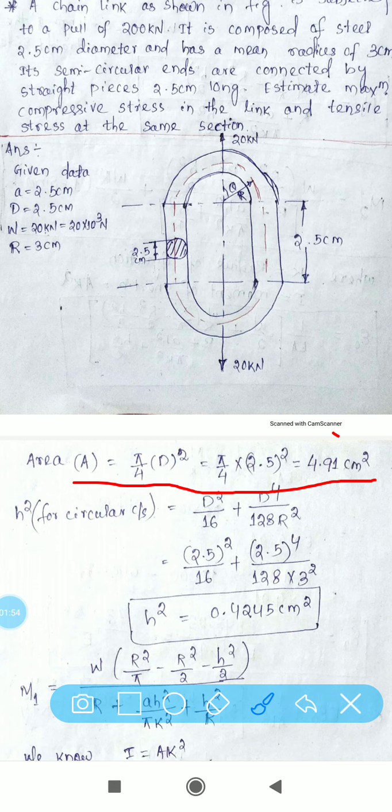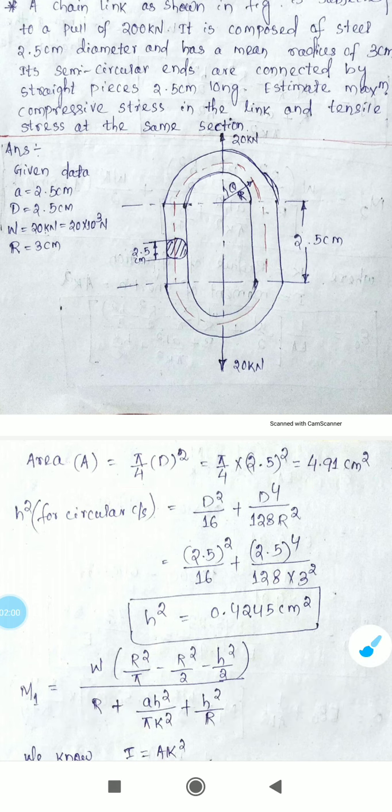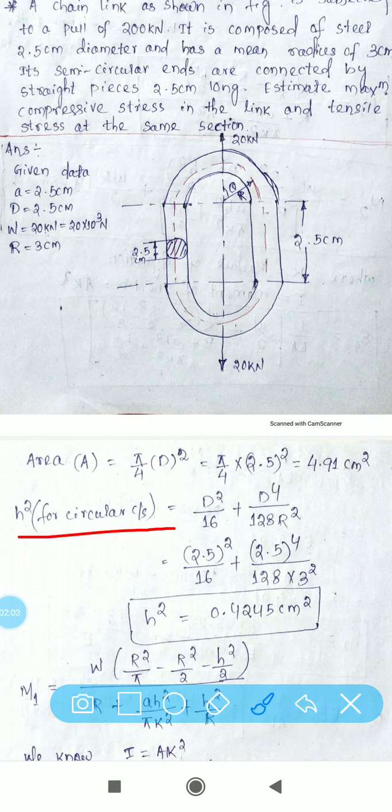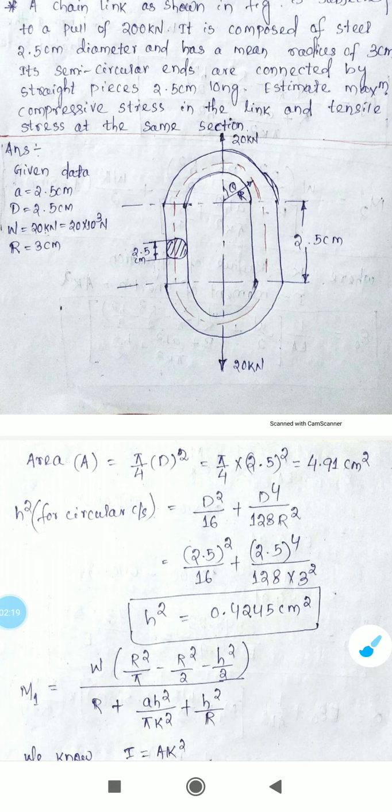Then the value of area is 4.91 centimeter square. Then h square for circular cross section: this is your expression for h square, d square by 16 plus d to the power 4 by 128 r square. Then put all values, get the result: h square equals 0.4245 centimeter square.